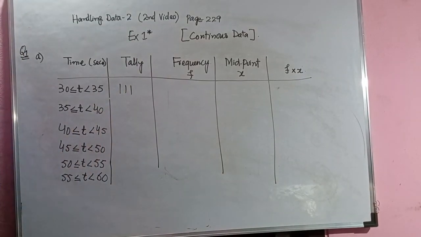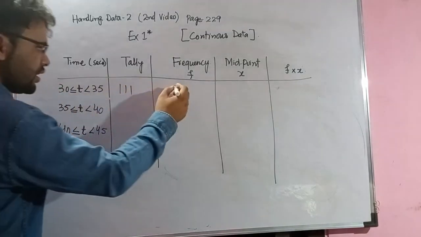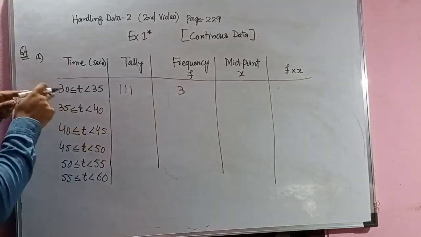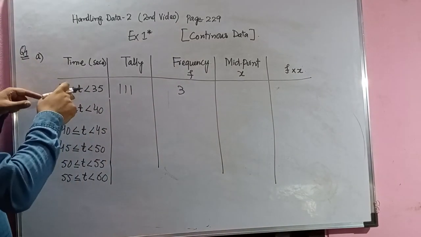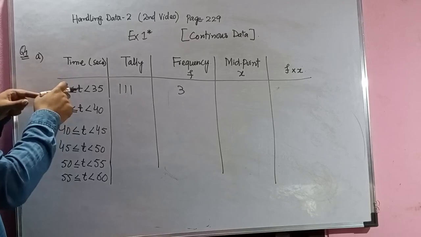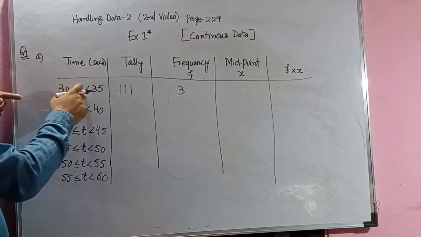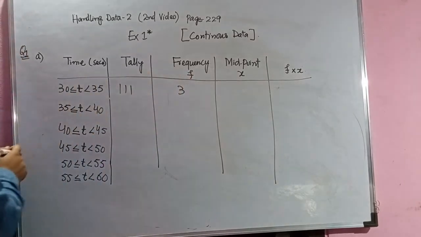And if you see the question once again, the frequency is 3. That means the number of values existing in this class is 3. So this is the frequency.